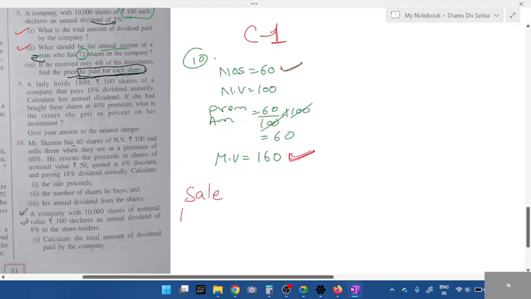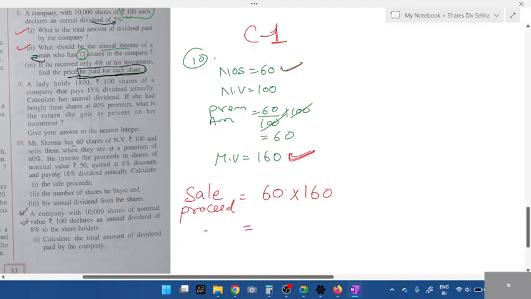What is the formula we use for sale proceed? The investment formula: 60 into 160. This is his total sale proceeds, students. He has 60 shares and he is going to sell them for 160, not for 100.